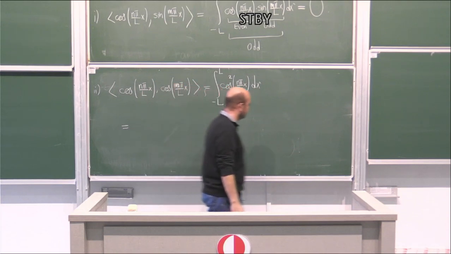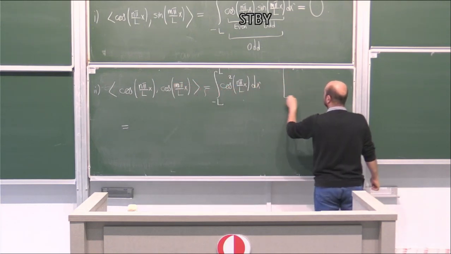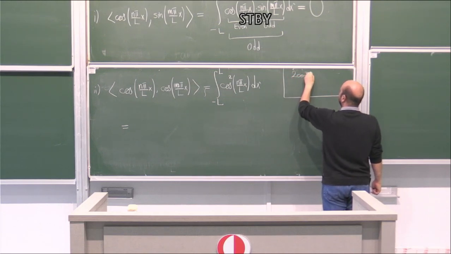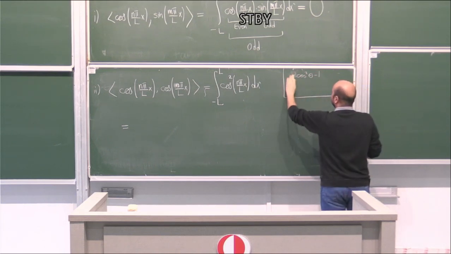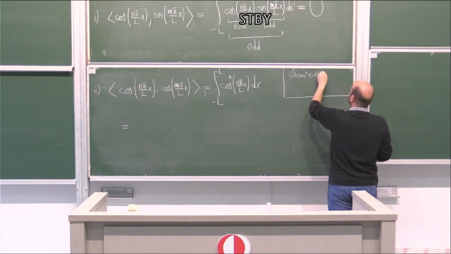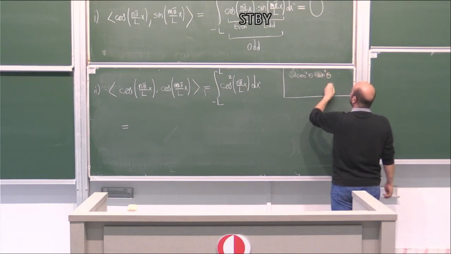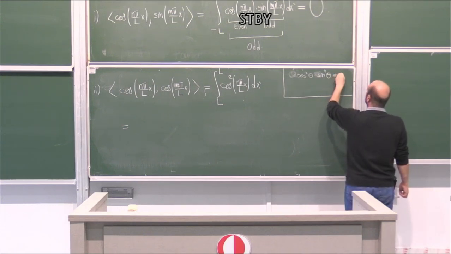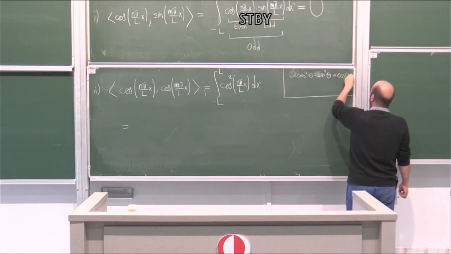Now, remember, cosine square theta minus sine square theta is equal to cosine 2 theta.